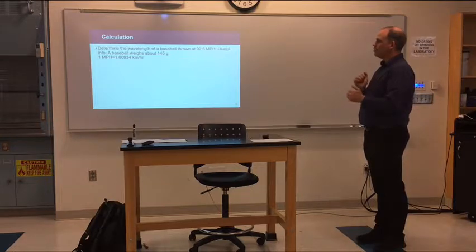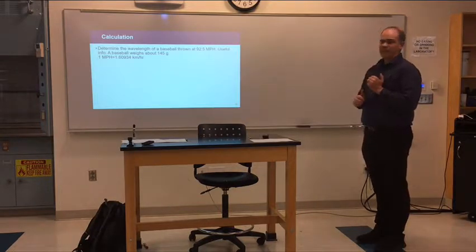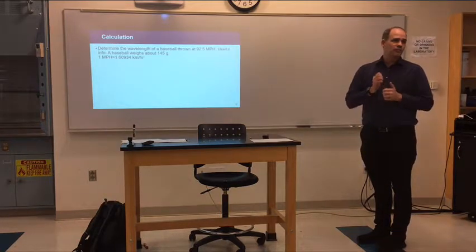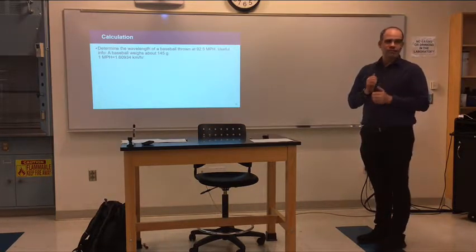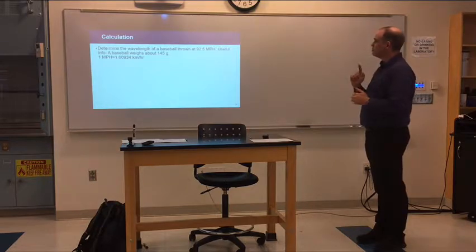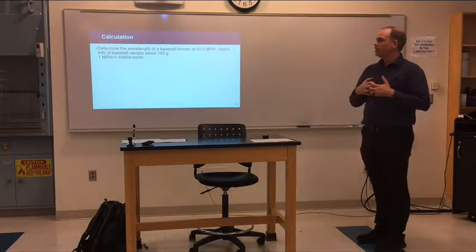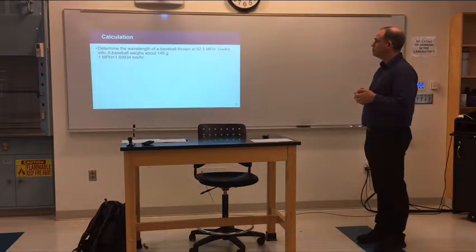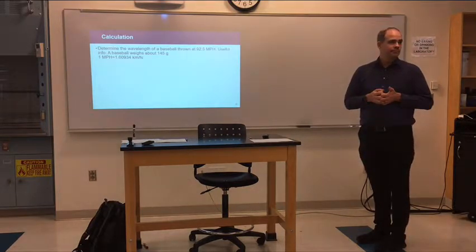And there's the speed. I think that's sort of major league-ish speed for a fastball, 92 miles per hour. It's pretty quick. So, what's the wavelength of the baseball? This is for you guys to work out.